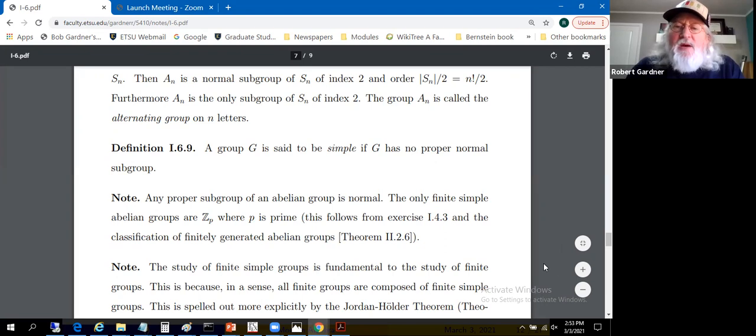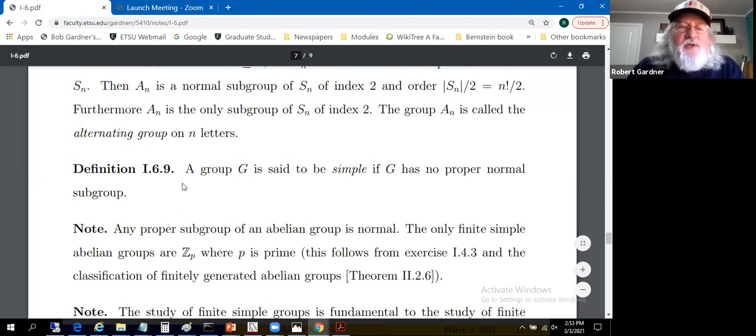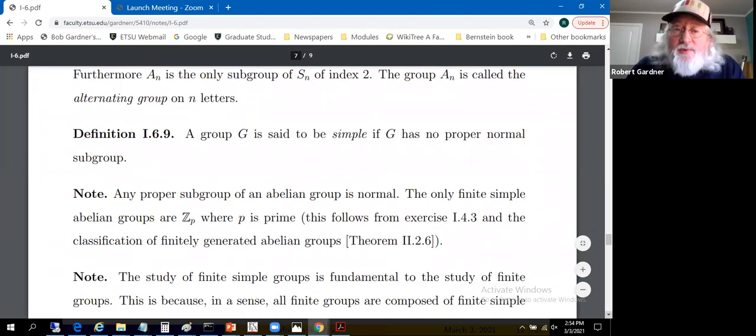So minimal motivation maybe to look at this definition at this stage. But definition 1.6.9 says a group G is simple if G has no proper normal subgroups.